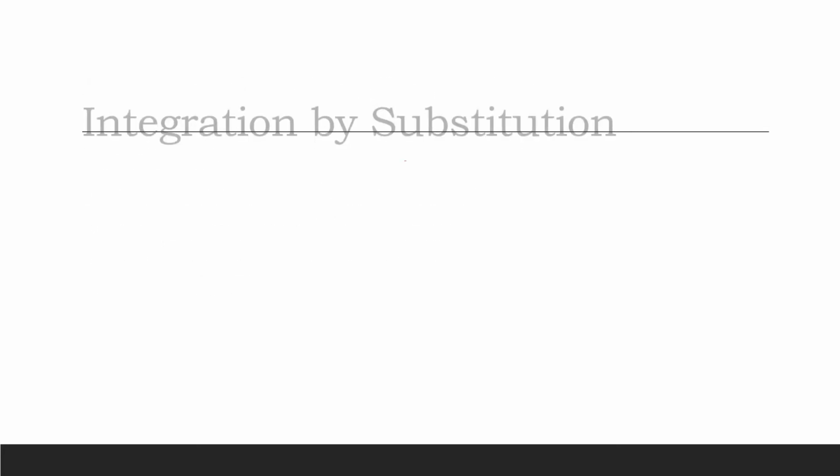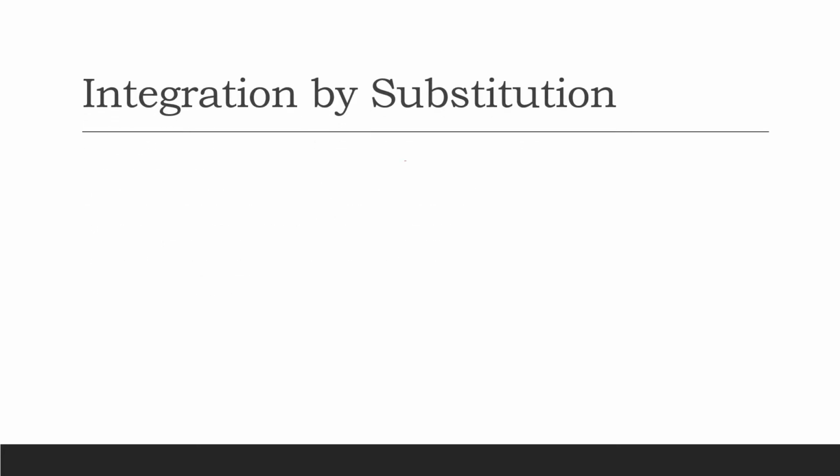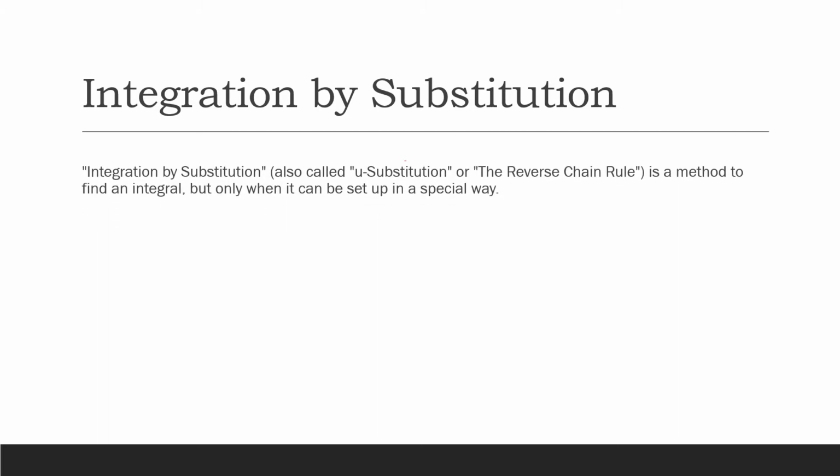In this slide, we're going to see the meaning of integration by substitution, which is known as U substitution, or in other words, the reverse of the chain rule. The derivative of a composite function gives us the outside derivative times the inside derivative.